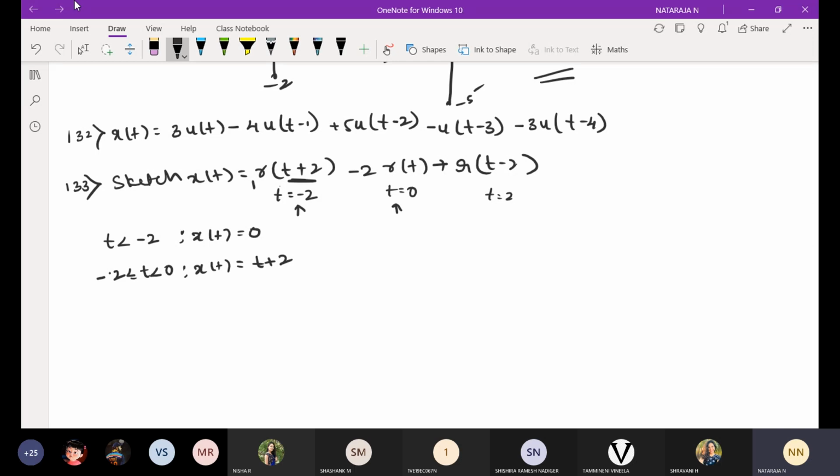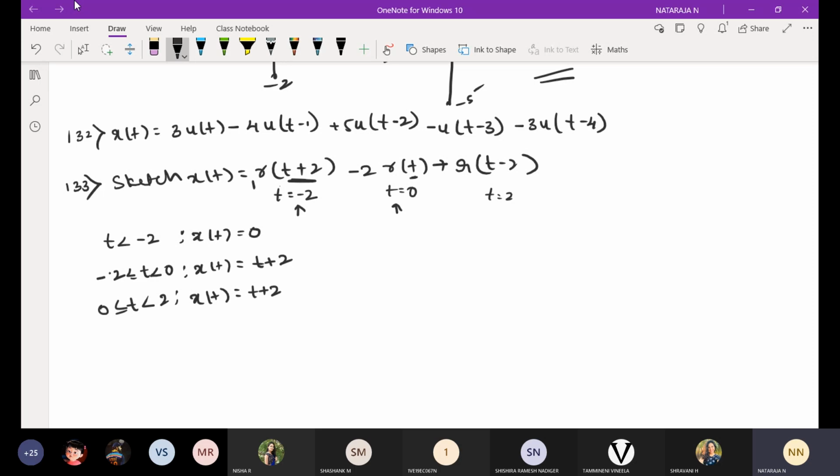Next, from 0 to 2: 0 less than or equal to t less than 2, where x of t is equal to, what is the last case output? t plus 2 is the last output, and this we multiply with the amplitude. In the first signal also t plus 2 multiplied with amplitude 1, that is why I have taken t plus 2.